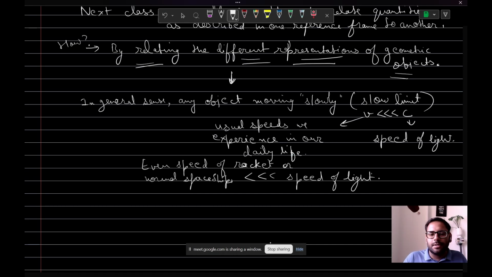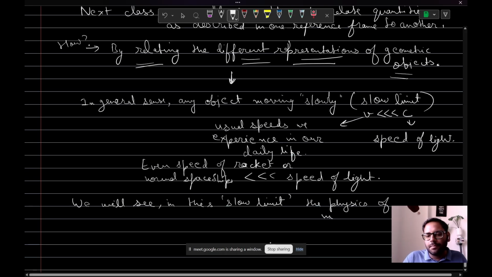Okay, so in this slow limit, we will see the physics of constantly, not constantly, of moving objects here.